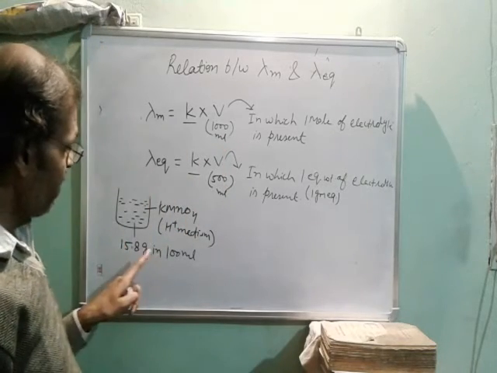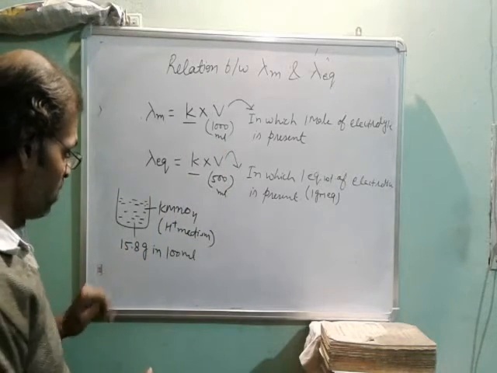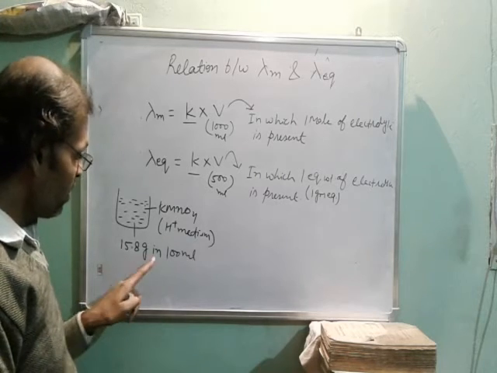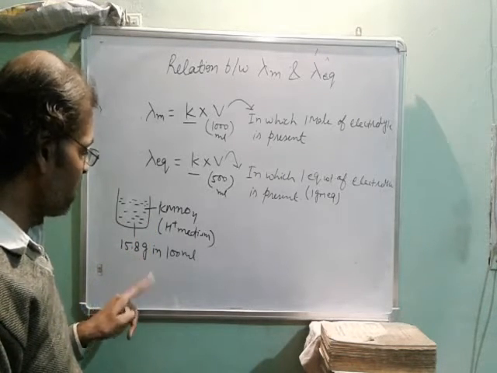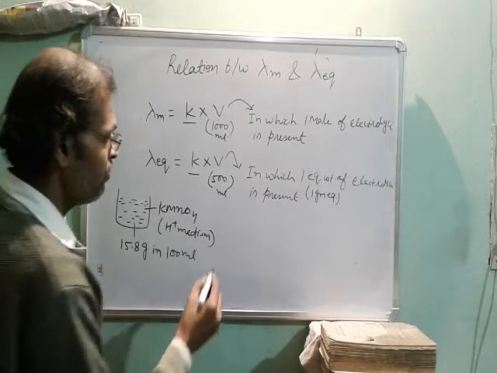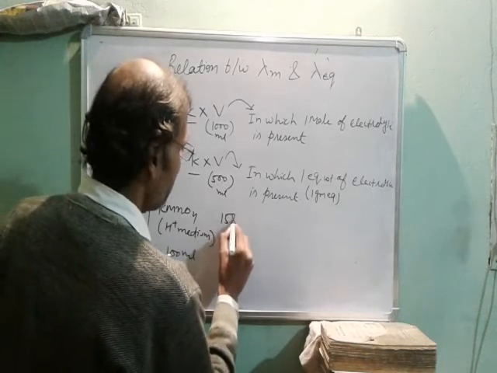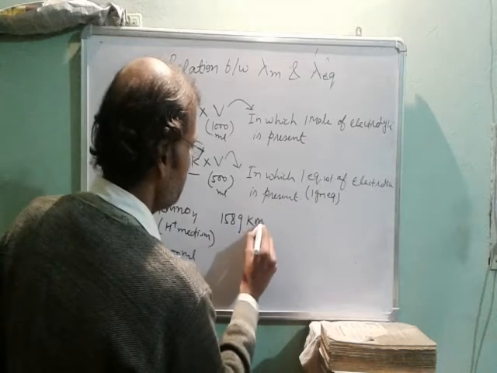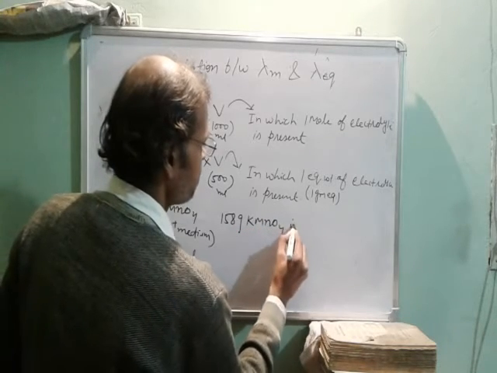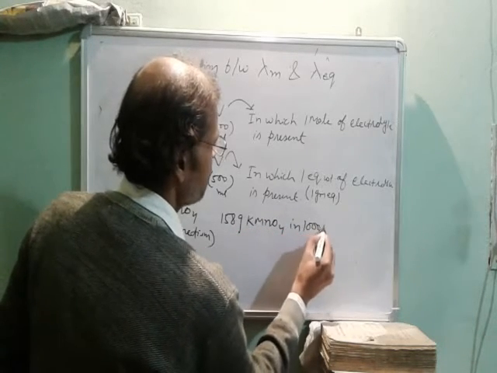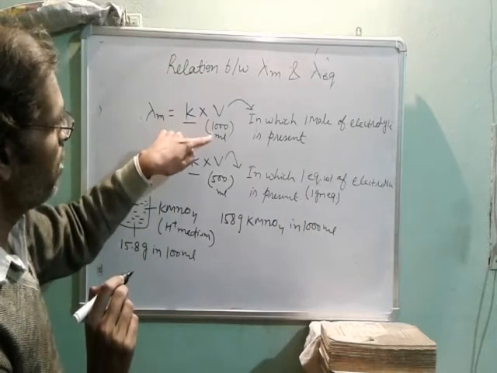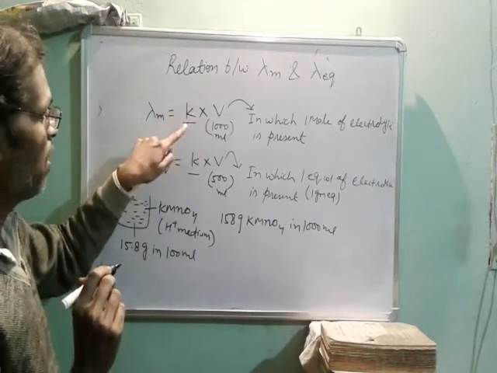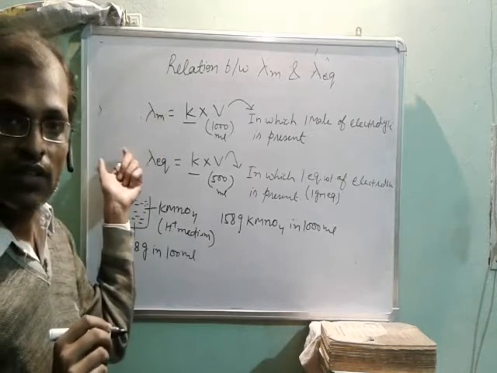So we have to find the V in which 1 mole, that is 158 gram KMnO4, is there. 15.8 gram is there in 100 ml, so 158 gram KMnO4 will be there in 1000 ml. So here again the value of V will be 1000, that contains 1 mole of KMnO4.